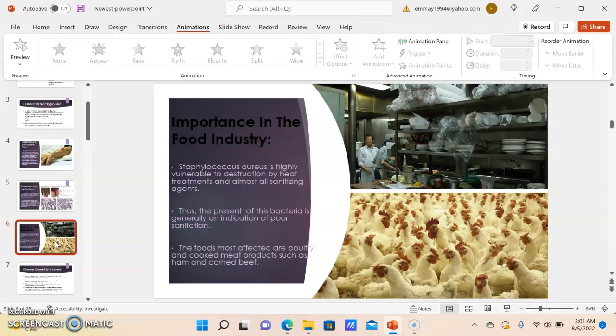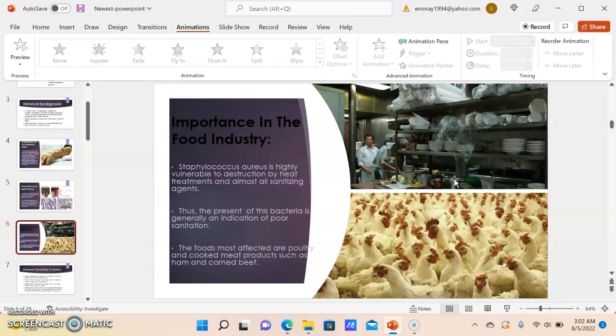So it is also important in the food industry. The picture is kind of hard to see, but this one is a dirty kitchen, not being cleaned properly, so there's more likely to be contamination. And then the below picture is because most infected foods are from poultry and uncooked meats such as ham or corned beef.